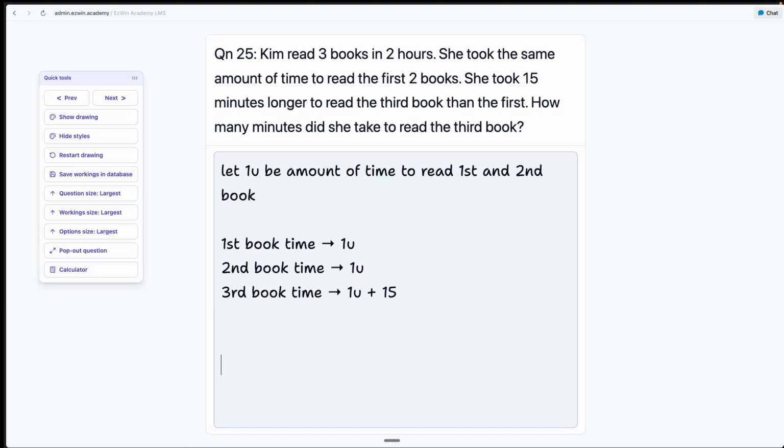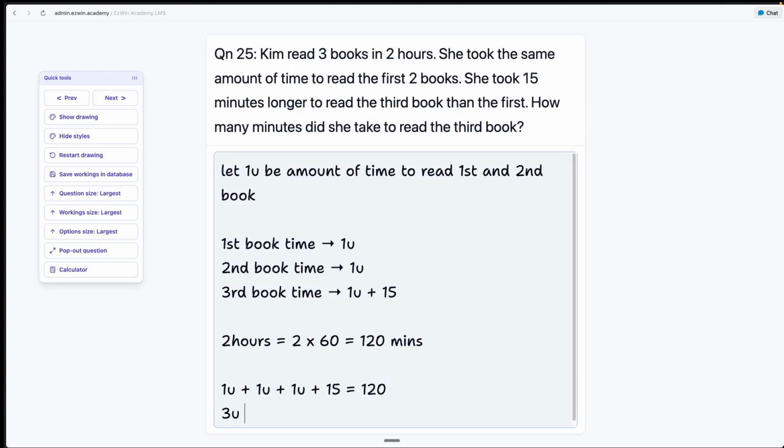So we know that the total 1 unit plus 1 unit plus 1 unit plus 15 is equal to 2 hours. Okay, so we can also make this 2 hours equal to 2 times 60 equal to 120 minutes, right? So you can change these 2 hours to 120 minutes. So from here, we know it's 3 units plus 15 equal to 120.